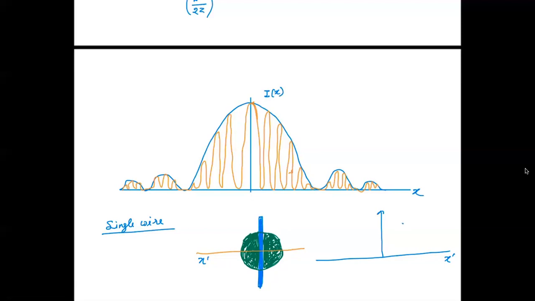So kind of like you will have a, or I should draw it in green, right. Is that fine?